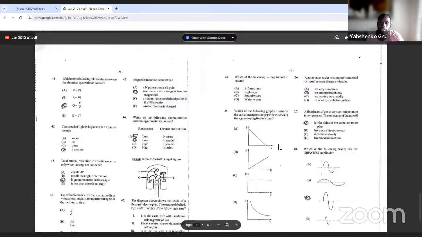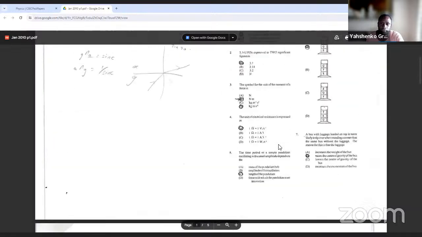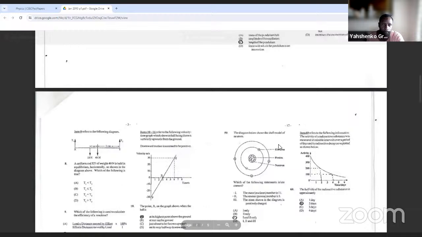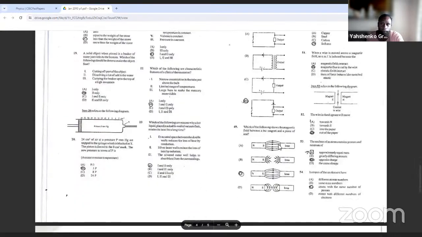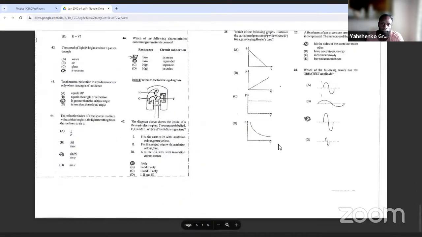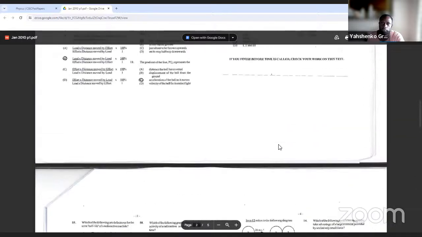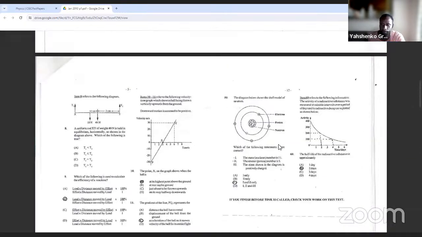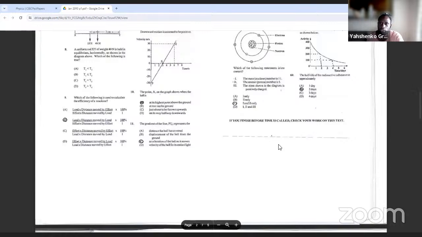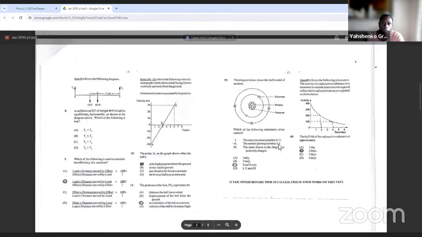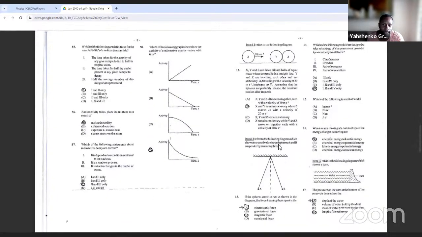All right, so let's find 28 to 30, no? Okay, I'm not finding 28 to 30 right now, so okay, what we'll do, I'll just pick a few more questions from somewhere.